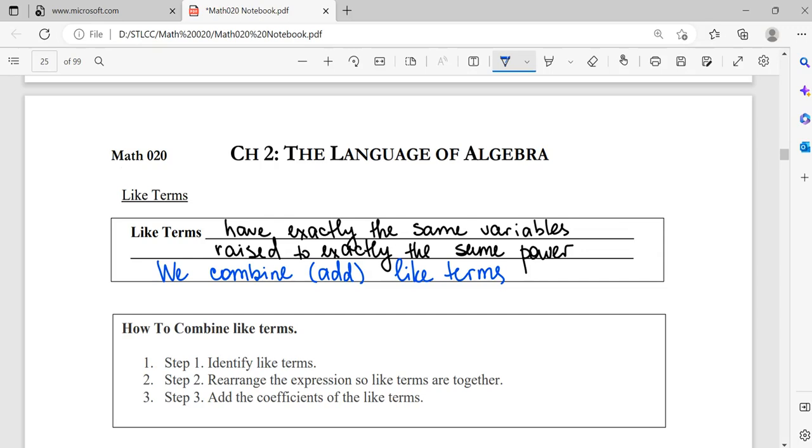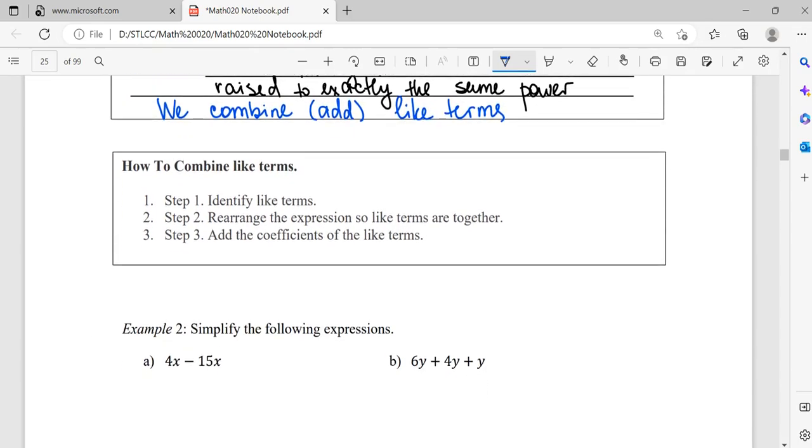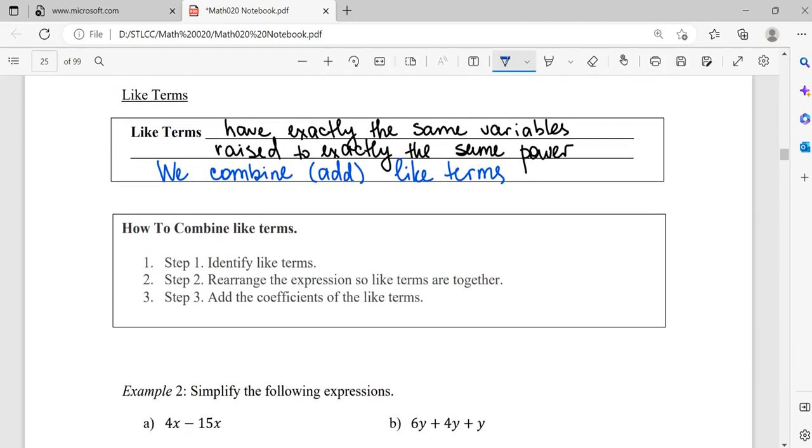So to combine like terms, you're going to go through these 3 steps. Step 1, you're going to identify like terms. That means you're looking for exactly the same variables raised to exactly the same power. For step 2, you can rearrange the expressions so like terms are together. And for step 3, you're going to add the coefficients of the like terms.